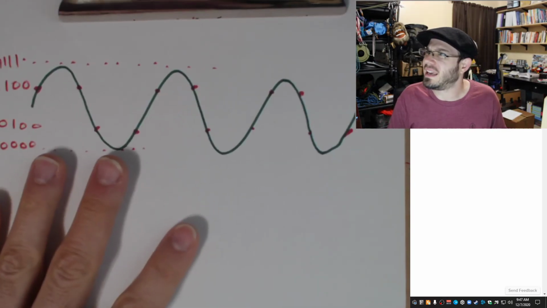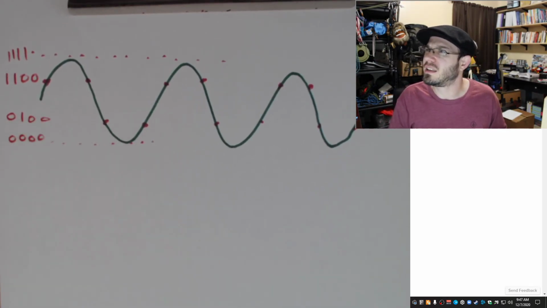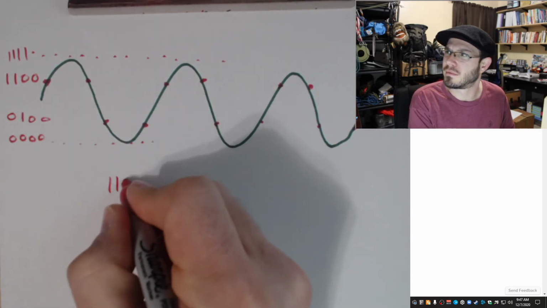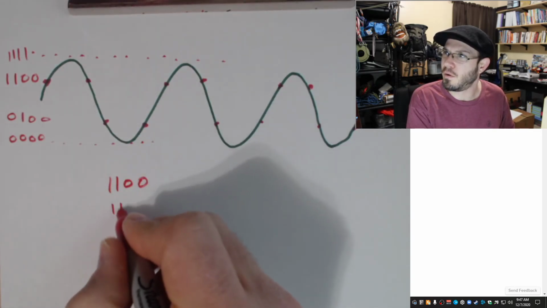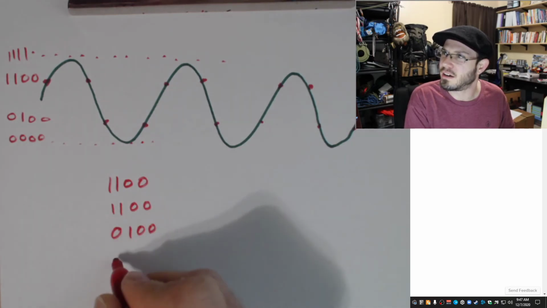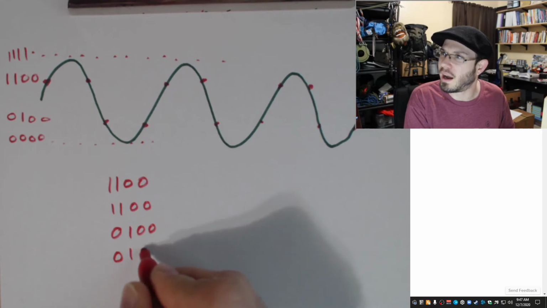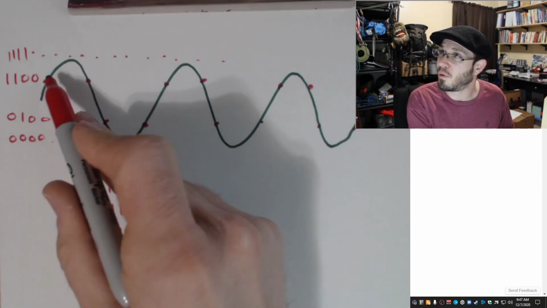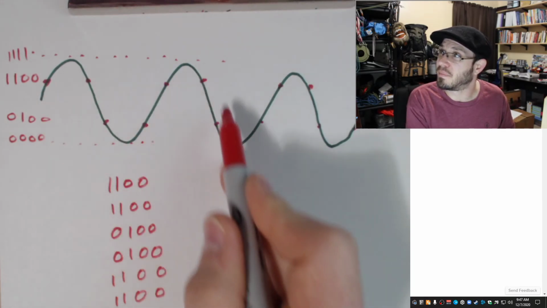Well, what's going to be held in memory is 1, 1, 0, 0, 1, 1, 0, 0, then 0, 1, 0, 0, 0, 1, 0, 0, 1, 1, 0, 0, 1, 1, 0, 0, because I'm only taking measurements at these points, right?